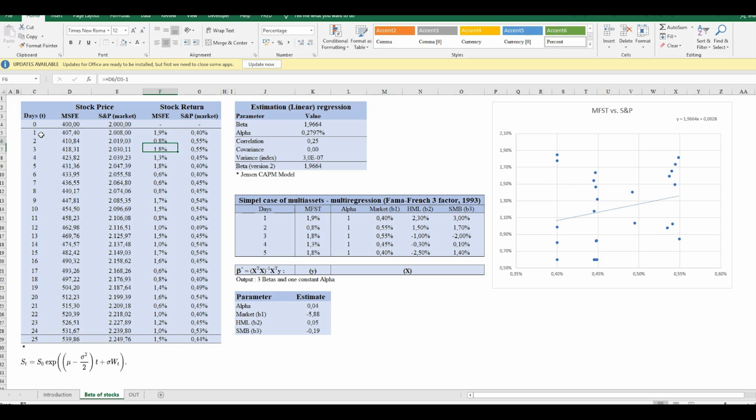So here the first period's return 1.9 on Microsoft, and on S&P somewhat less, 0.40. So these are the core data series that we need to build a one-factor model.